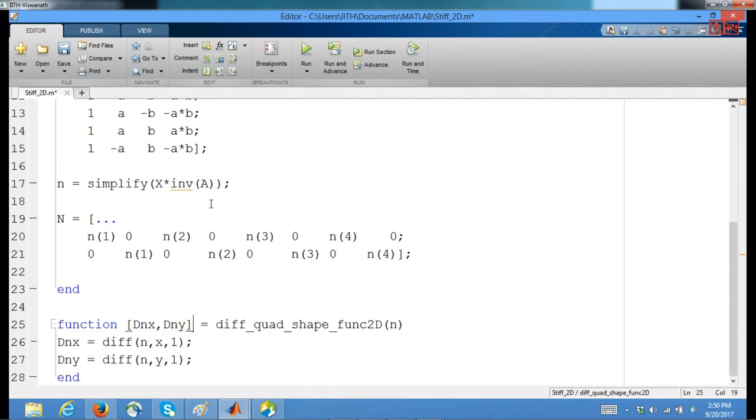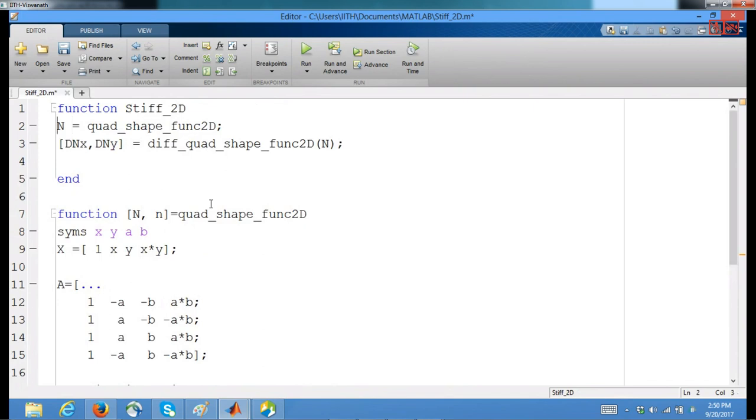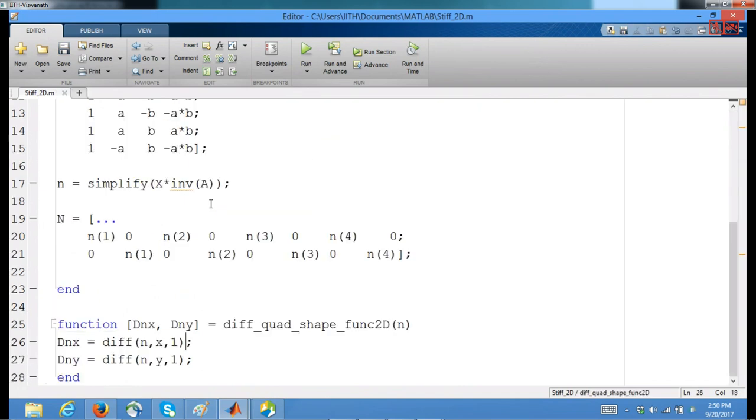So what we'll do is let's also send n comma n, since we are using both the thing in a different manner. The small n we are getting dnx and dny. So let us see what is our, I will also do the simplification.